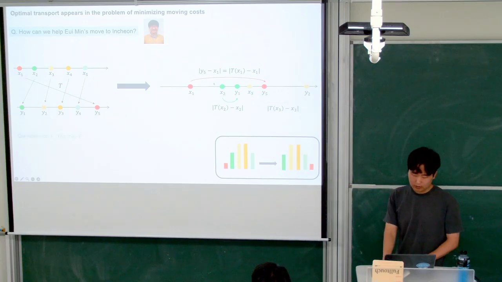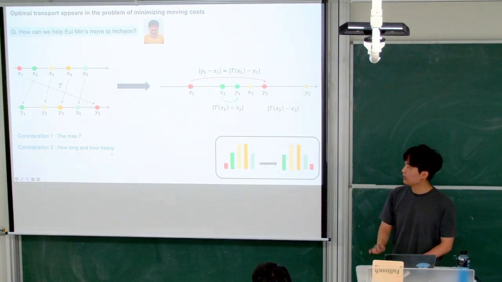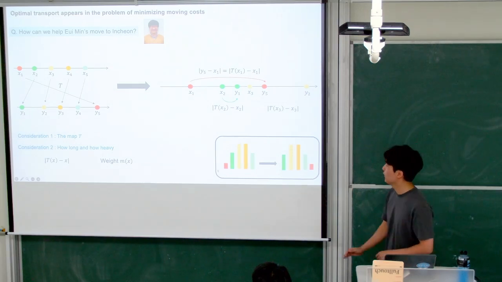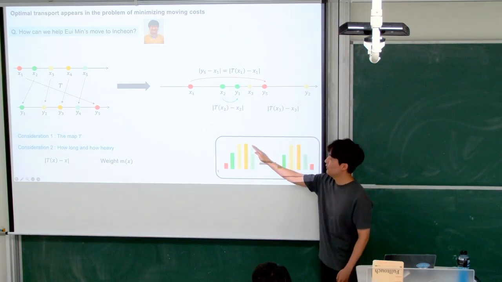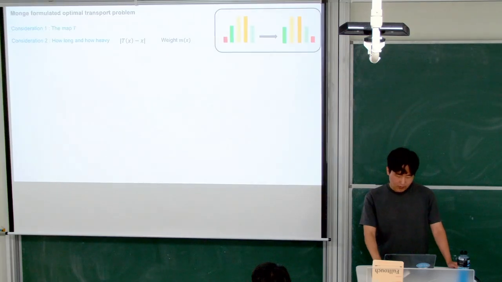So in the previous slide, the choice of map was important, and now how long and how heavy the luggage should be transported is important. How long means the distance between T of x and x, and how heavy means the initial weight of luggage. Actually, you can think of it like a probability distribution by simply normalizing it.